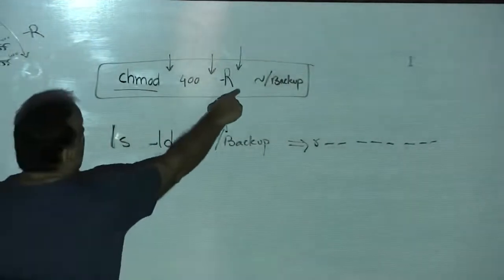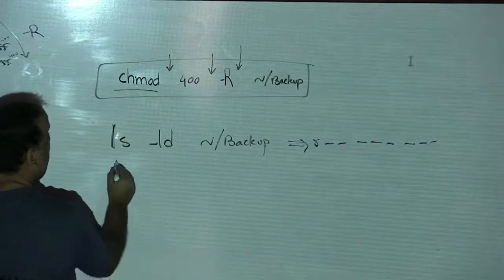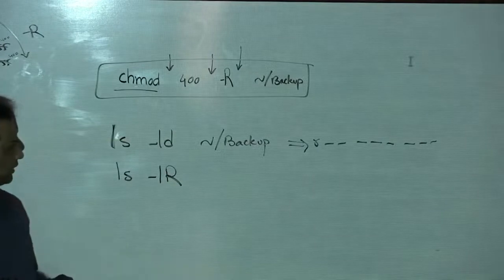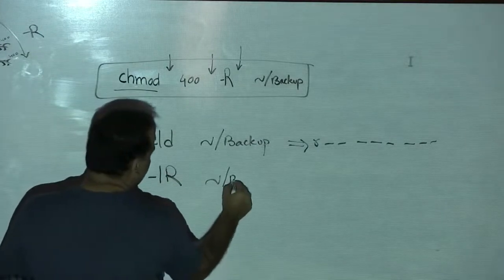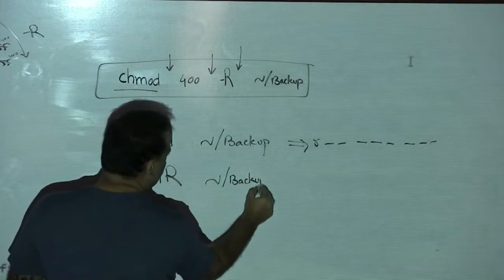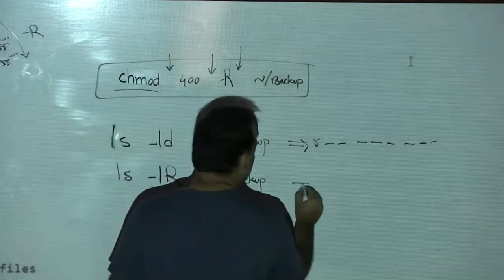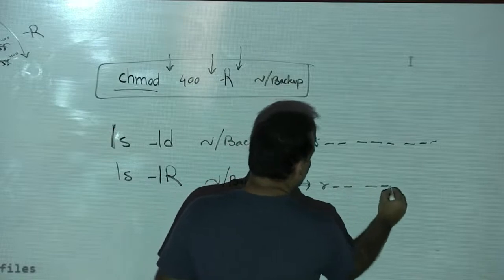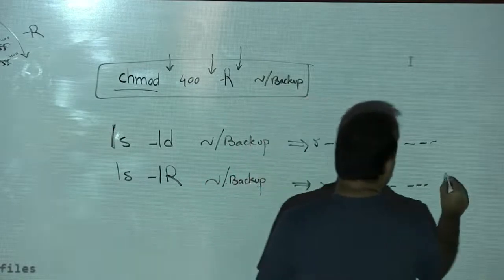And because I'm using the recursive, I want to verify this as well. ls -lR, for example, recursively, not just the directory, but also all the contents. So I should see read only, there's no permission to the backup directory.